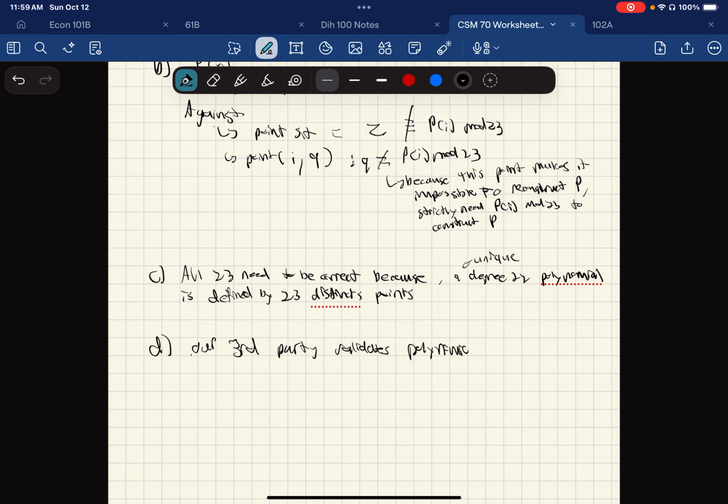Each official sends in a vote, and they know I, comma, P of I. So each individual official will send in the vote knowing what they should send if they want to vote yes, or they just send anything else to vote no, any other value than P of I.